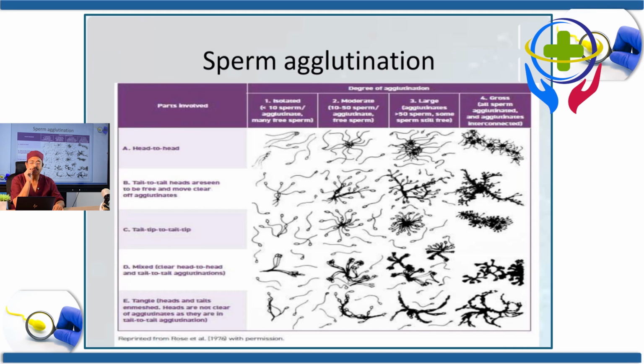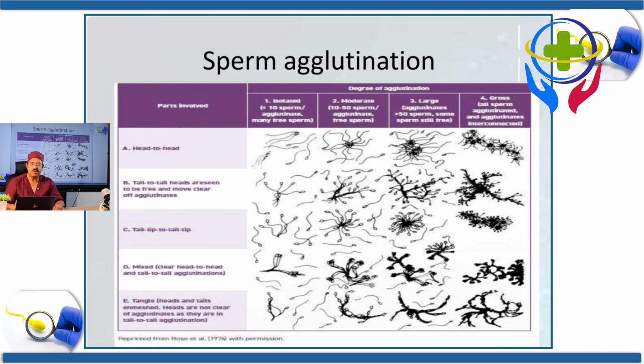If you see less than 10% of sperm clumped, agglutinated or attached together, and we can see a larger number of free spermatozoa, then we can give plus or grade 1.